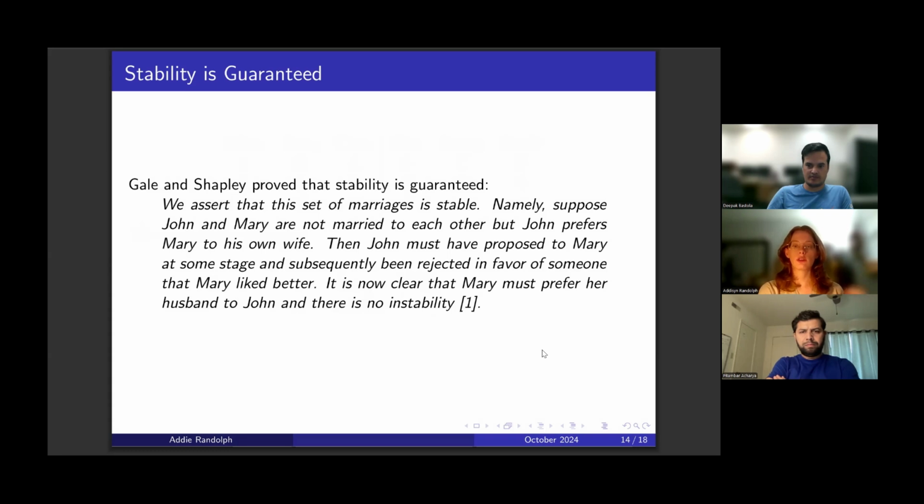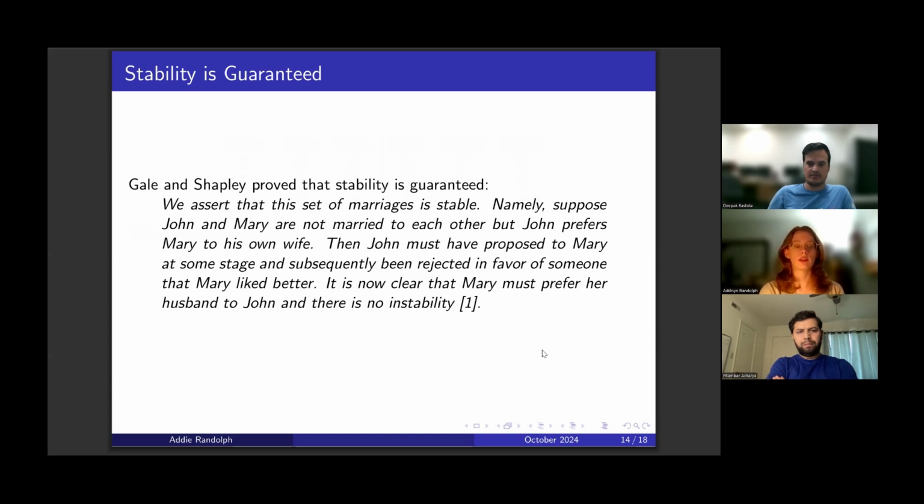So either John proposed to Mary at some stage and was rejected in favor of someone that Mary liked better. That means if John prefers Mary to his own wife, then he must have proposed to her previously, but she rejected him for someone she likes better. So she must prefer her own husband to John.